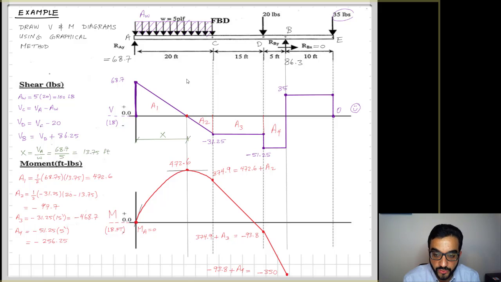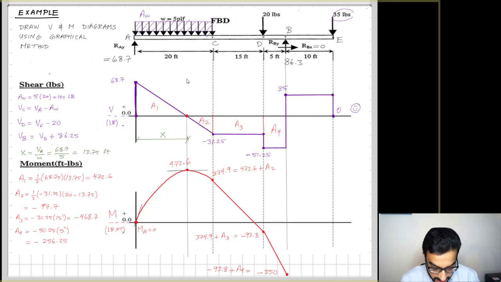So the slope of the first line between C and D is smaller than the slope of the line between D and B. Why is that? Because the shear value between C and D, negative 31.25, is less than the shear value, the absolute value, I'm talking about, of 51.25 between D and B. So the slope here is increasing.